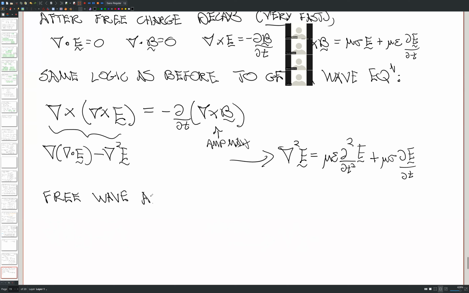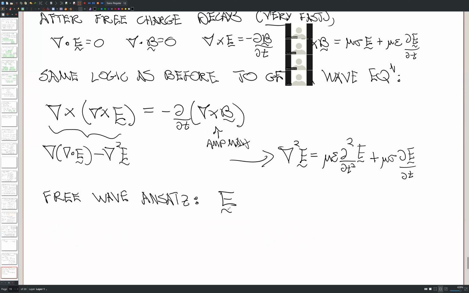So a free wave solution, or a free wave ansatz for a solution. Now we're trying to solve this equation here. And you see, if I only had these two terms, I would still like to have some e to the i k dot r minus omega t, and then that would work. So I'm still going to use something like this.